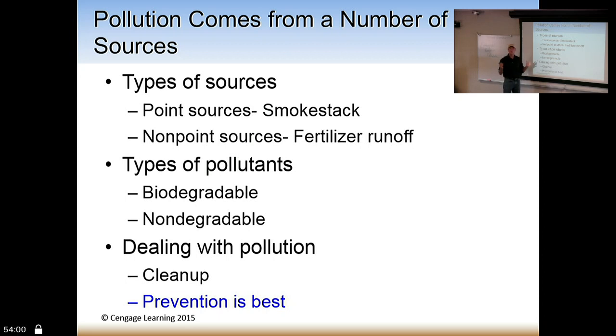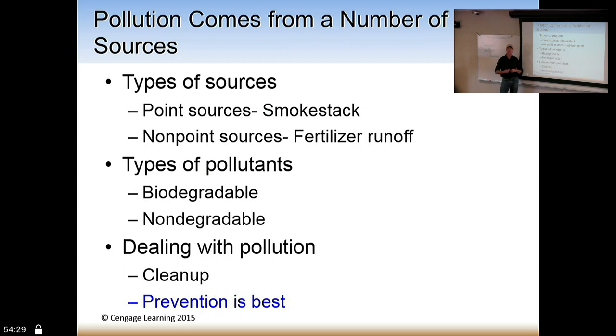Others are dispersed, like fertilizer runoff. It could be all the farms alongside a certain river over-fertilizing and allowing their fertilizer to run off into the streams and cause algae buildup and oxygen depletion, basically polluting the streams. Okay? Types of pollutants, obviously, biodegradable, non-degradable. Of course, where do we want to be?